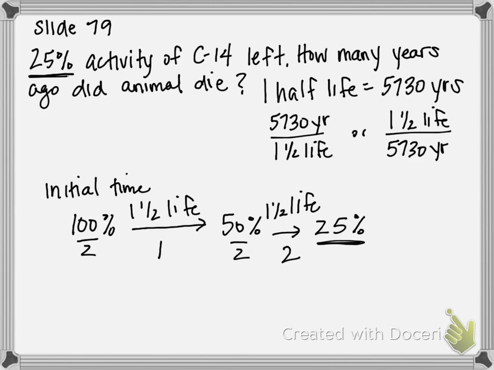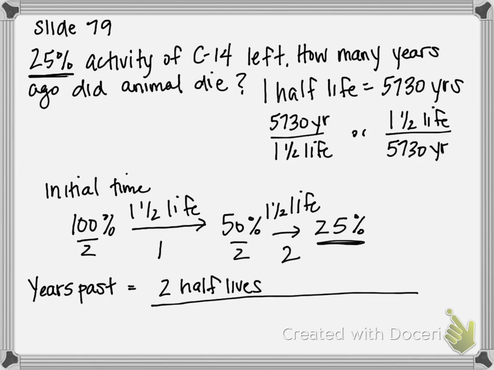So therefore, we can figure out the number of years elapsed, or years passed, by saying 2 half-lives, and basically by multiplying that by our 5,730 years.